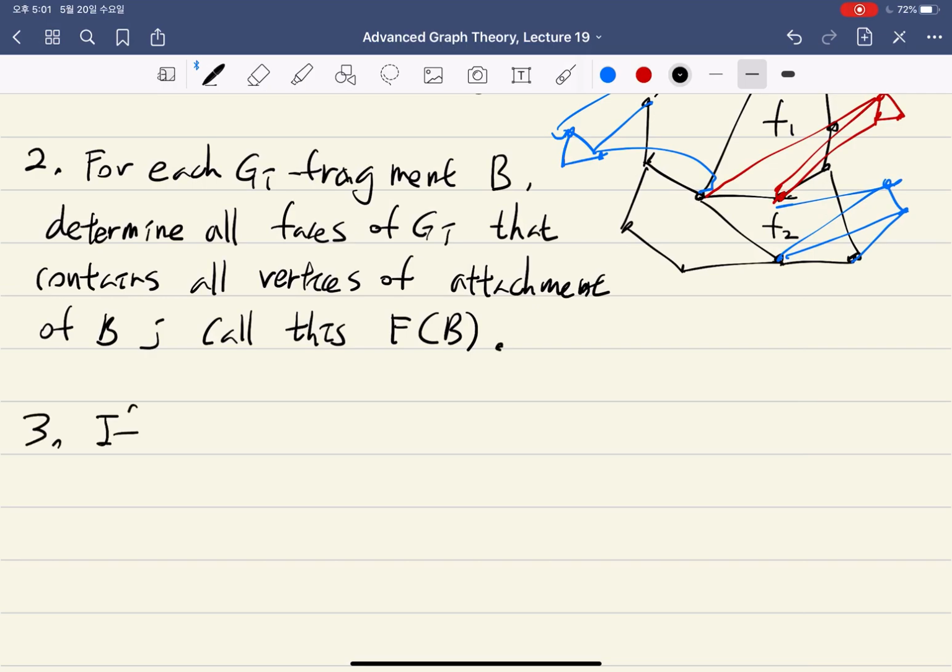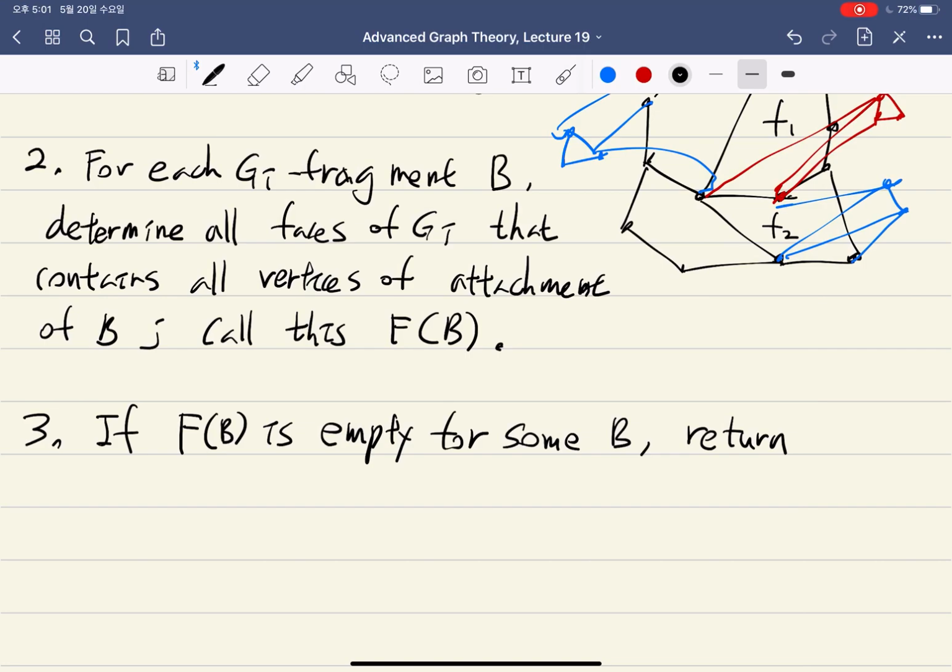And if this FB is empty for some B, then we end the algorithm and we return non-planar. Our conclusion is that this graph is non-planar. And end the algorithm.